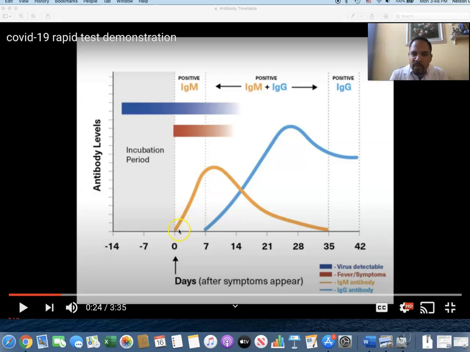And this curve here represents your immunity saying, let's go ahead and send some, I'm going to call it military, because it's like a battle going on in our bodies, to fight and meet up with this viral invasion. The first, fastest on the scene antibody is the IgM antibody.